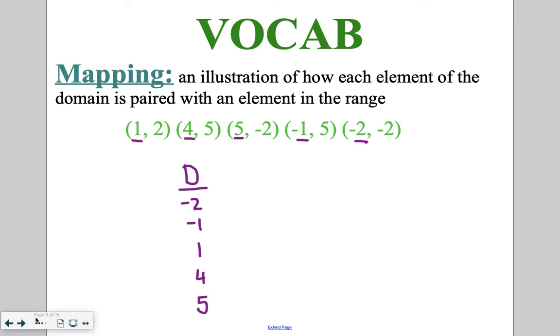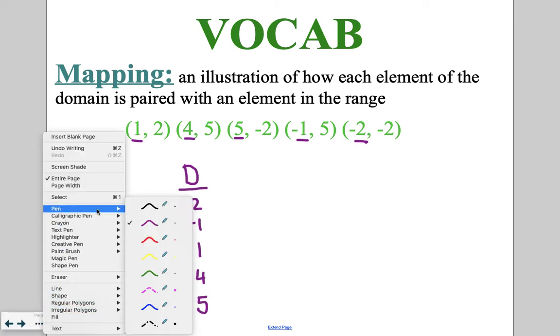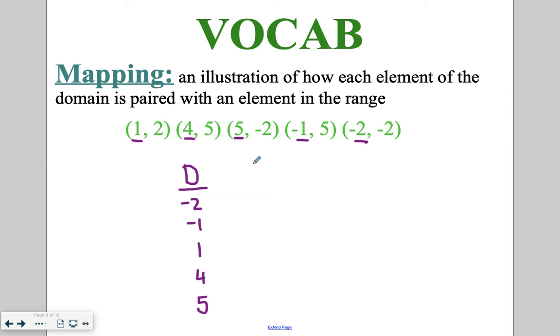Then over on the other side, under the range heading, we're going to have all of the members of our range. Again, starting with the smallest. So we got -2. Even though -2 is listed twice, we're only going to list it once. 2, and then 5. Again, 5 is listed twice, but we're only going to list it once.